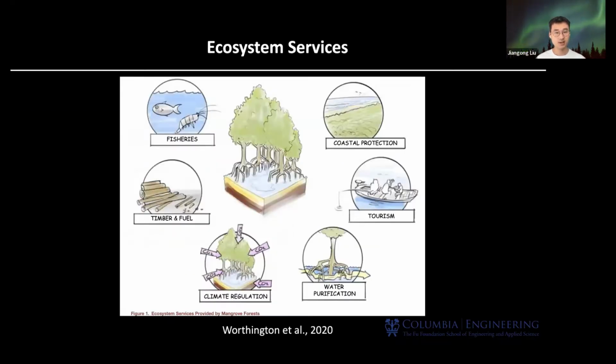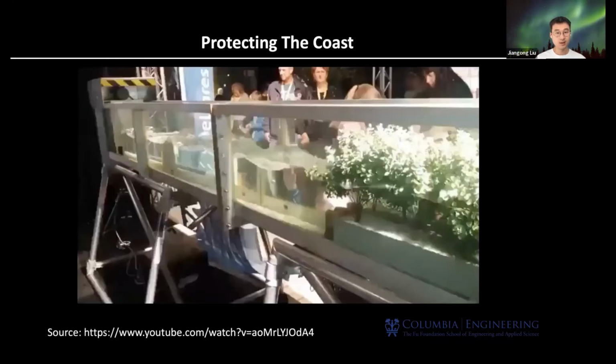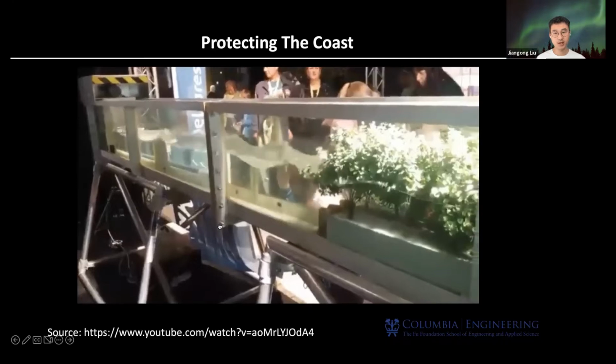Besides carbon sequestration, mangroves also provide a series of other ecosystem services. For example, they support local fisheries, provide timber, purify water, and protect the coastline. This is a video I really like.